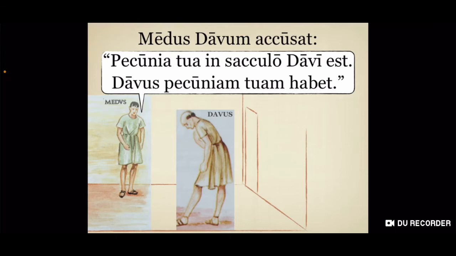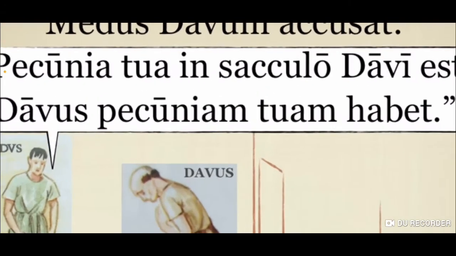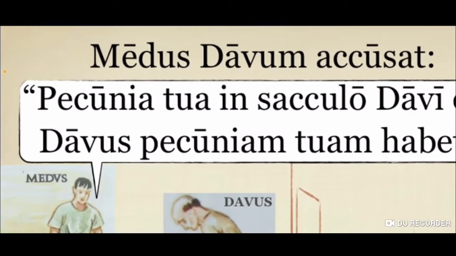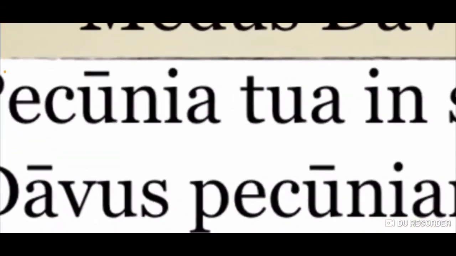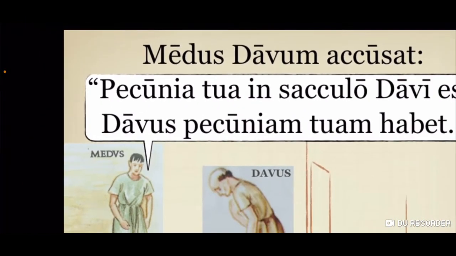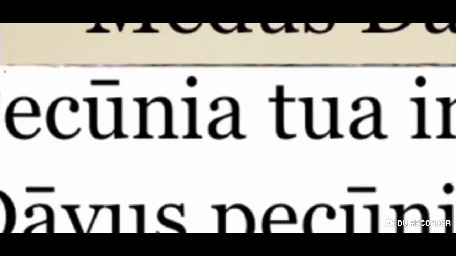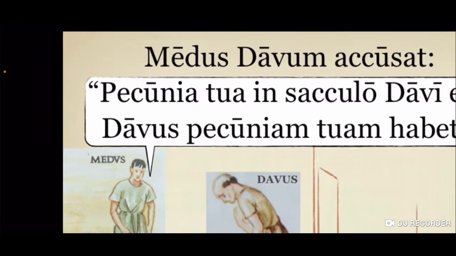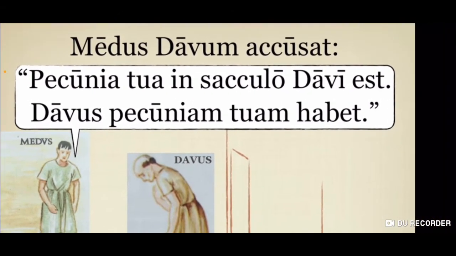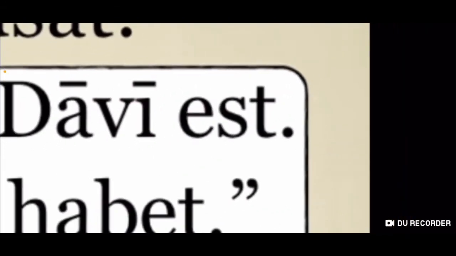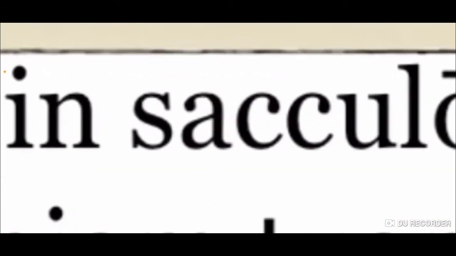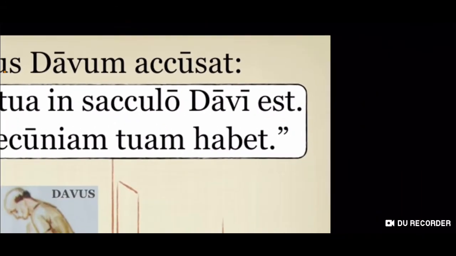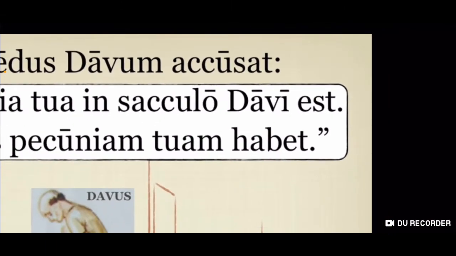Davus has your money. He's saying it two different ways. He said, your money, tua pecunia. So remember, you see this together: your money is in sacculo, in the sack, Davi, of Davus. So he gave you all the things we learned from the old chapters.